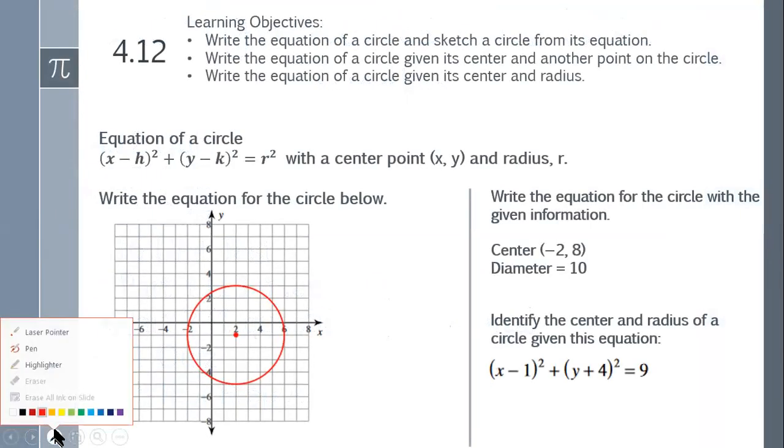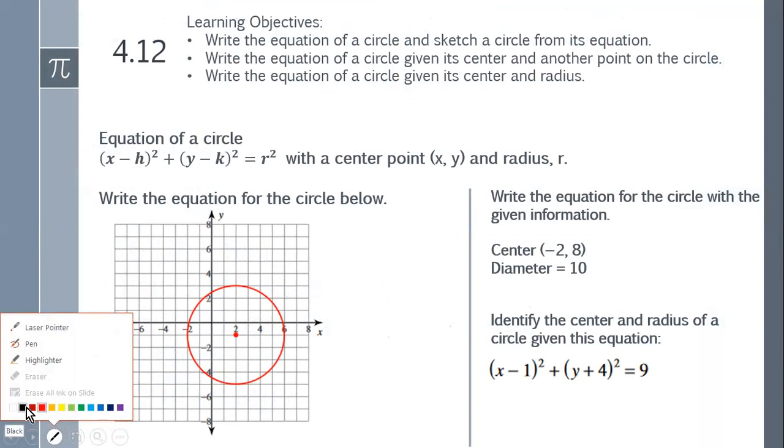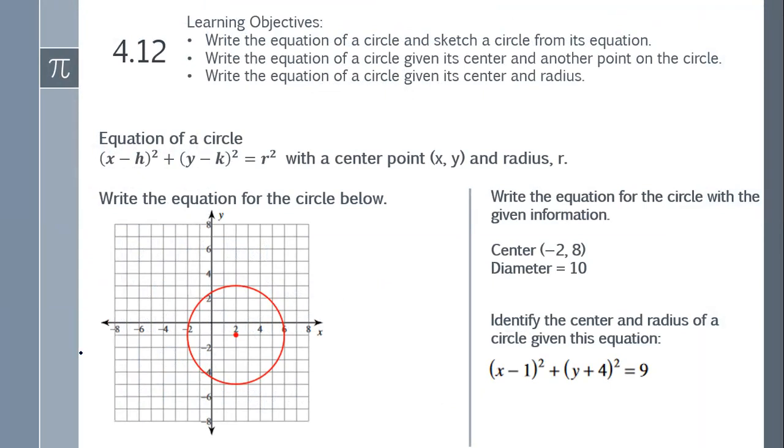Okay, so let's start with writing equations of circles. Given the equation, it's always good to have (x minus h) quantity squared plus (y minus k) quantity squared equals r squared.